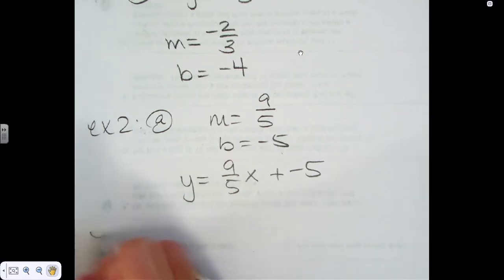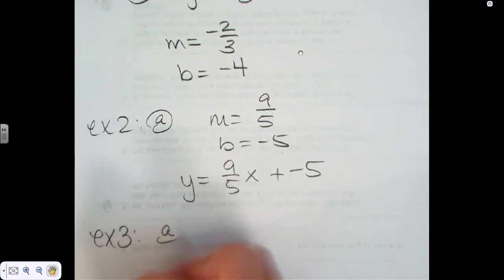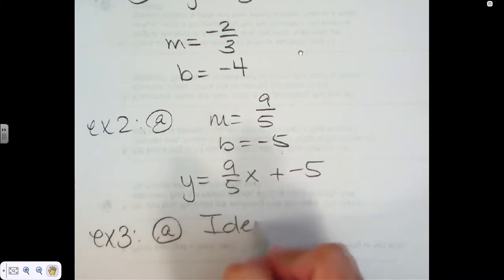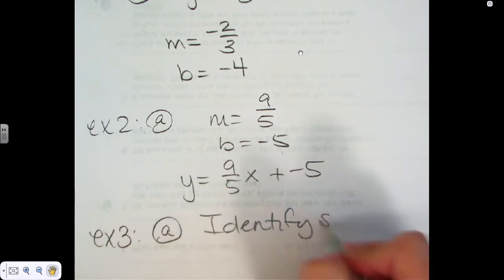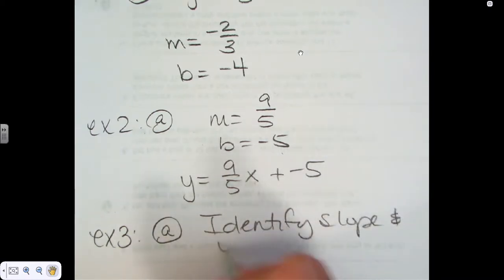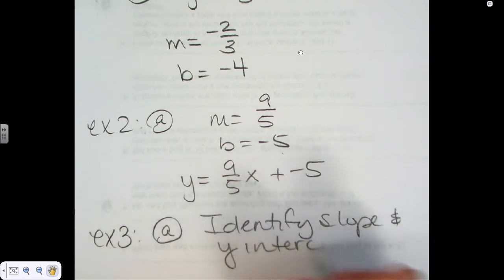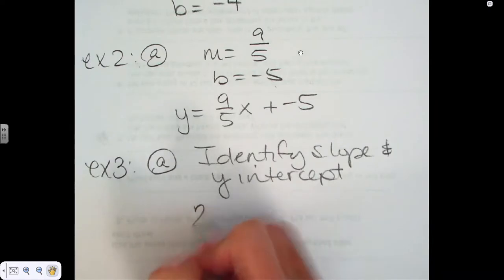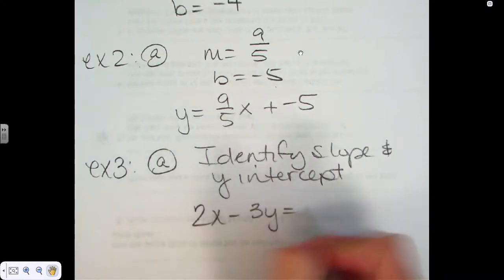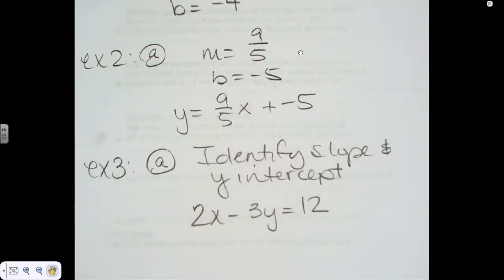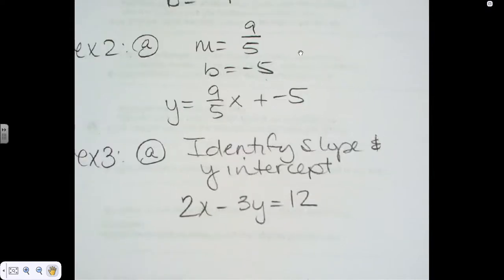Okay. Now let's look at this. Now I want you to identify the slope and the y-intercept, but I'm writing it just a tad differently: 2x - 3y = 12. Okay? You cannot identify the slope and the y-intercept unless it's in slope-intercept form, which again is y = mx + b.